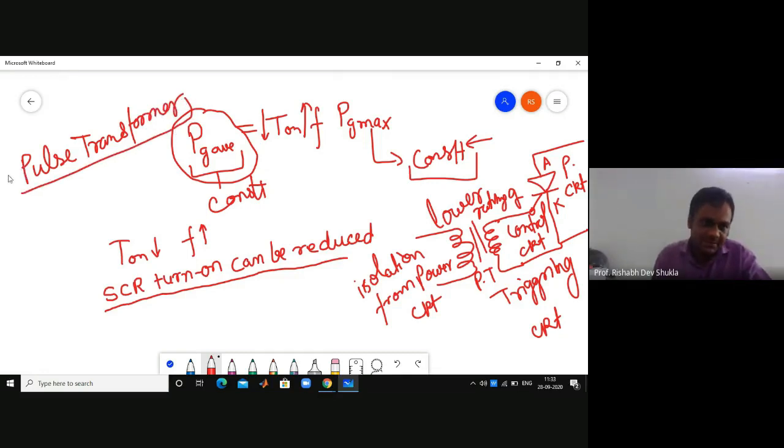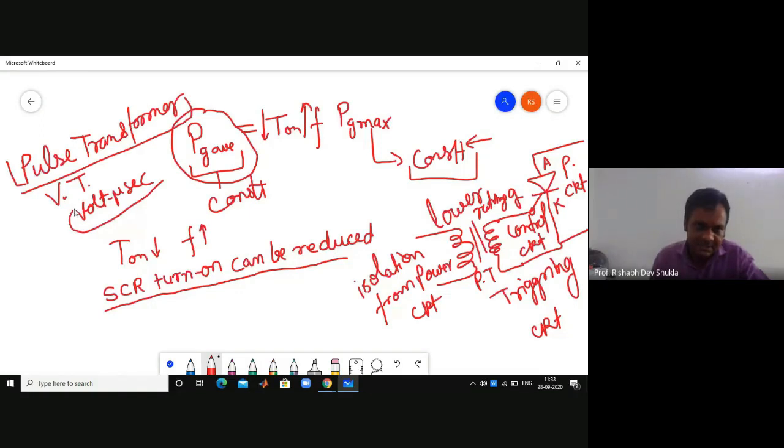It is a special kind of transformer which is rated as V into time, that means volt-microseconds.